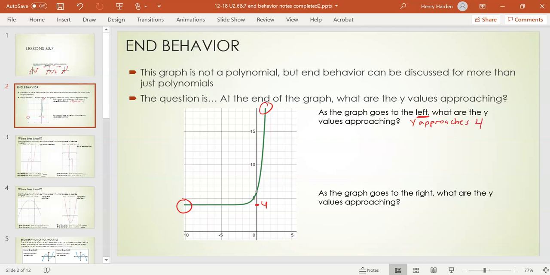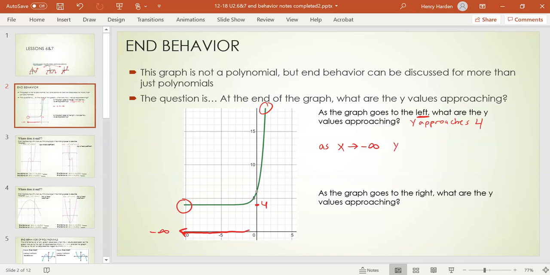But then the way that you would write that is you would say as x goes to negative infinity. What that means is as we go to the left to negative infinity, what is the graph doing? Okay, so as we go to negative infinity on this axis, the graph flattens out towards y equals 4.